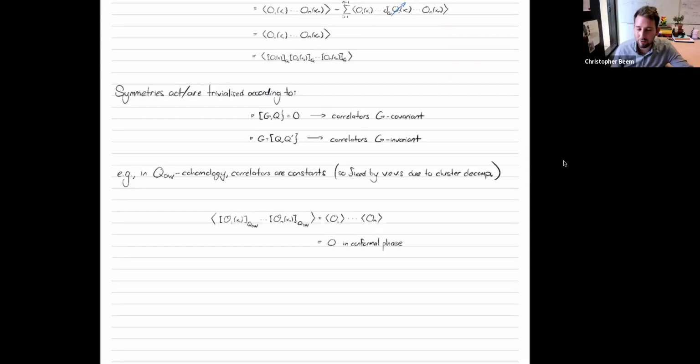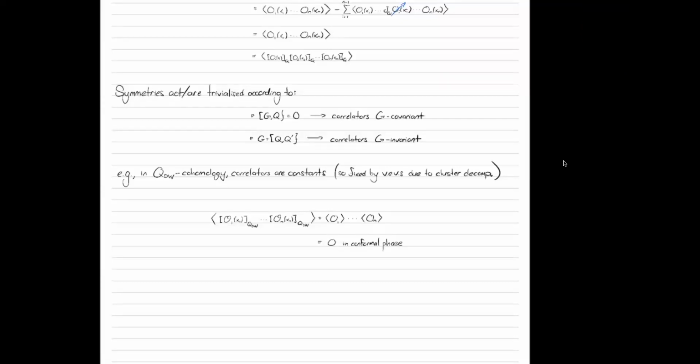I guess you could say that. Sure. You could maybe phrase the point as wanting to explain not so much the vanishing in the conformal phase, but the non-vanishing in the non-conformal phase. Yes.